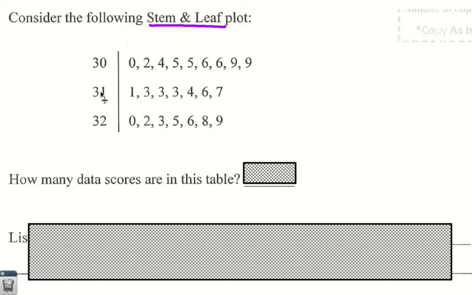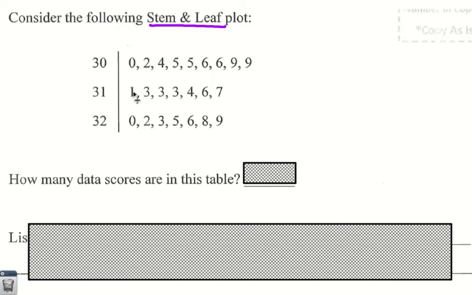And so, I mean, we would have like 300, so that's 300. 302, 302. 304, 305, 305, again, 306. So essentially this is 300, 302, 304, 305, 305, all the way to 309.